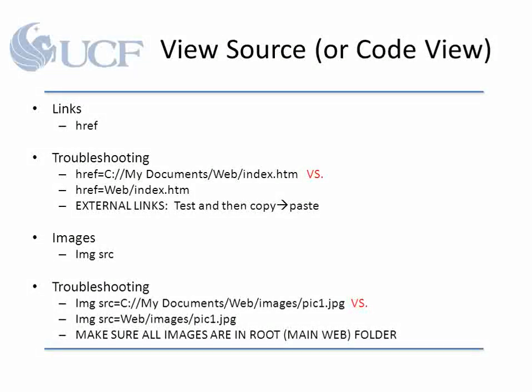Next, whenever you look at the code for an image, the source is indicated by IMG SRC. Again, if we look at the troubleshooting examples, we see the first image is located in an images folder, which is in someone's web folder in their My Documents folder on their C drive. Again, this is most likely not accessible from the web.